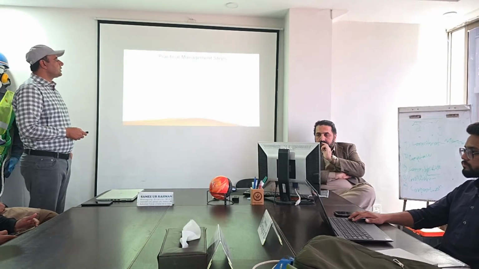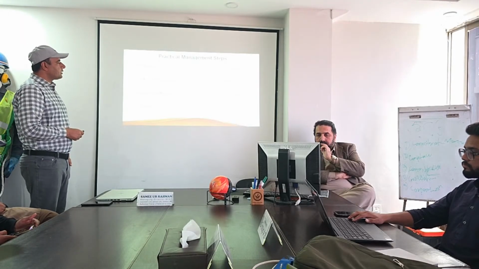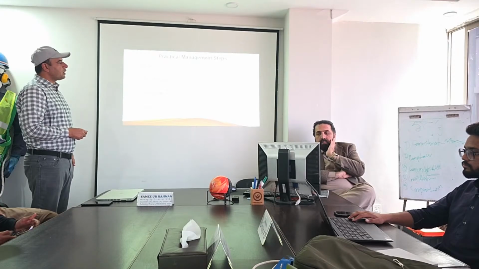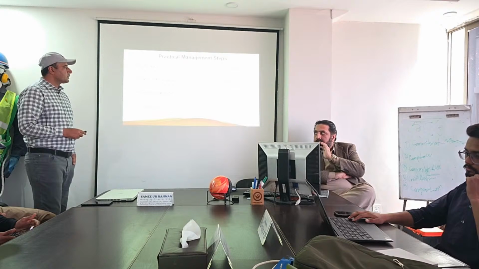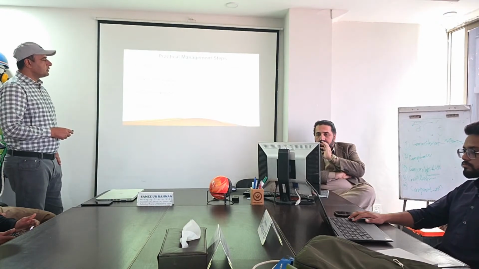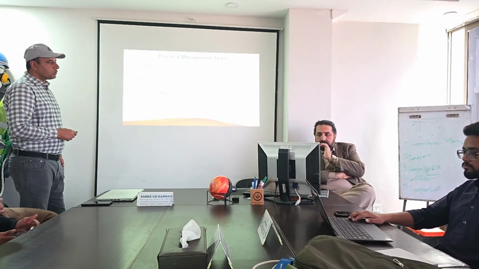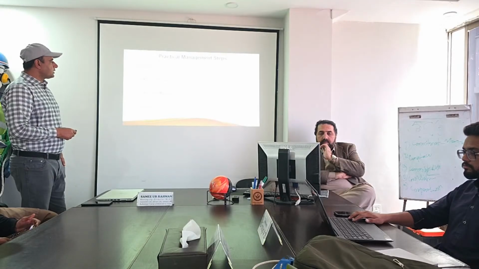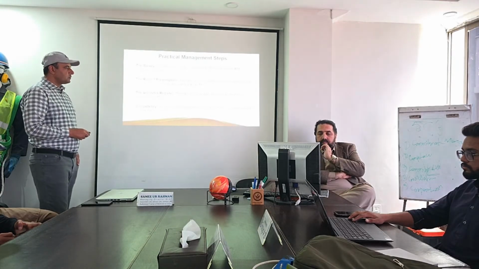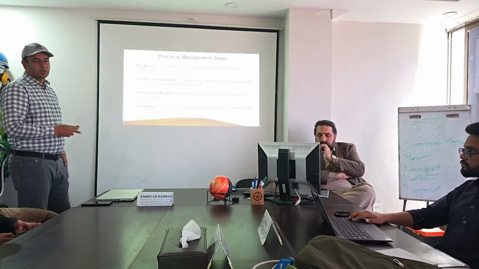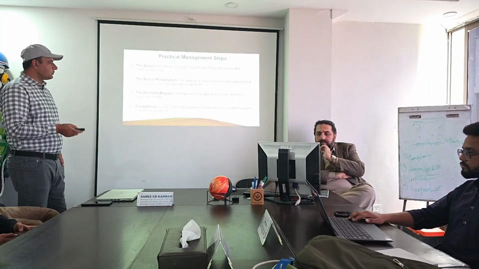Practical management steps. Survey: identification involves a professional survey and material sampling. The rule of presumption: if a material is suspected to contain asbestos but it is unproven, you must assume it is ACM, asbestos containing material, already told.